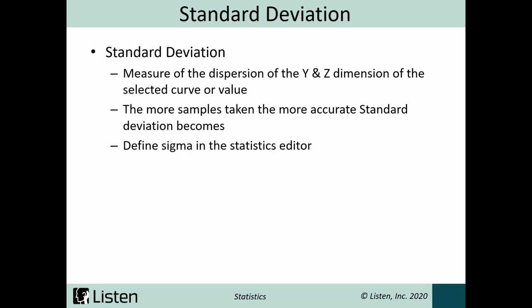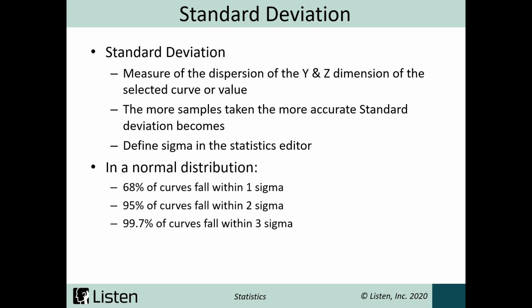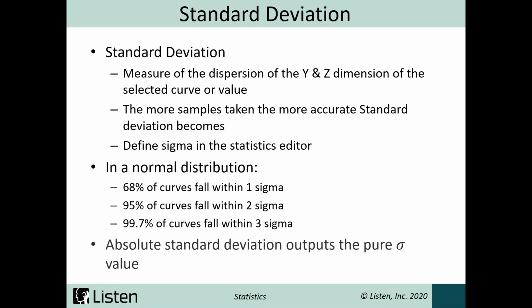This will then add two new curves to the memory list, plus or minus n sigma. In a normal distribution, 68% of curves would fall within 1 sigma, 95% within 2, and 99.7% within 3. You can also output the absolute standard deviation, which is the pure sigma value.